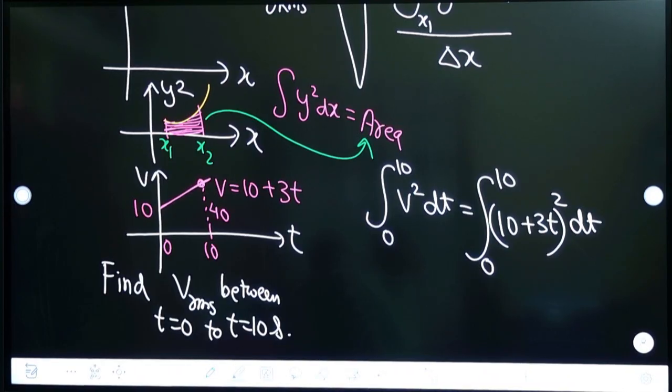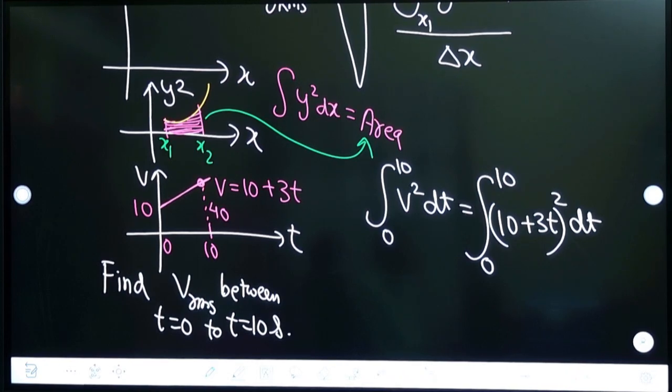But I have given you a special formula. Remember, it's a special formula I discussed. You can use that small special formula.